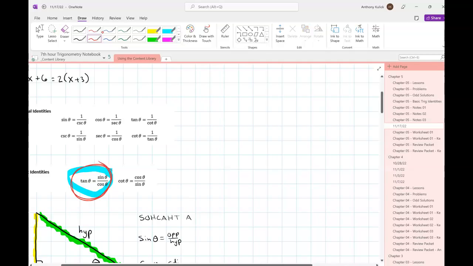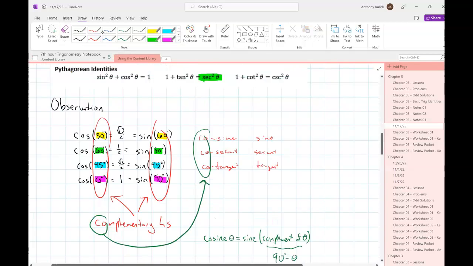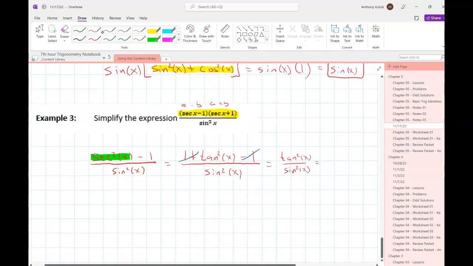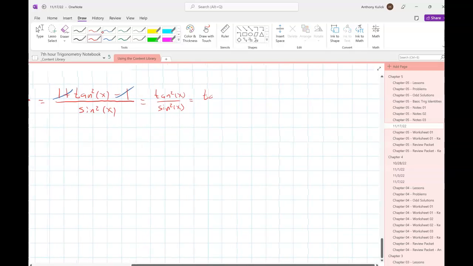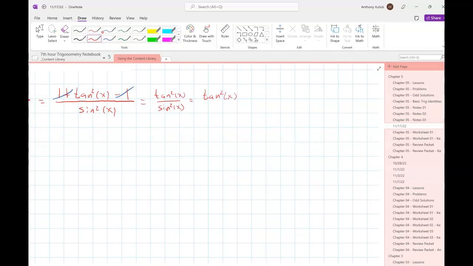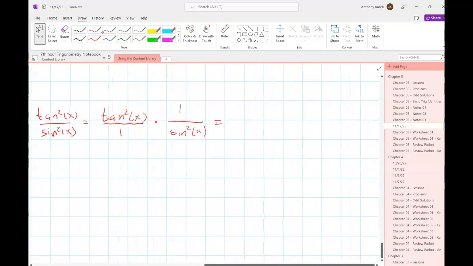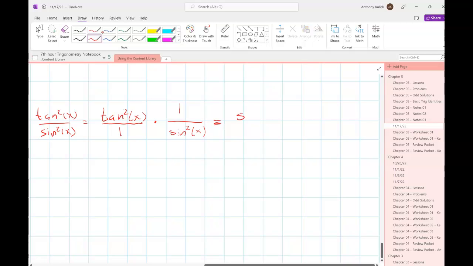Tangent is sine over cosine. Oh, okay. So I'm going to think about this fraction as the product of 2 things. I'm going to think about it like that. Because I'm going to rewrite tangent squared x as sine squared x over cosine squared x.